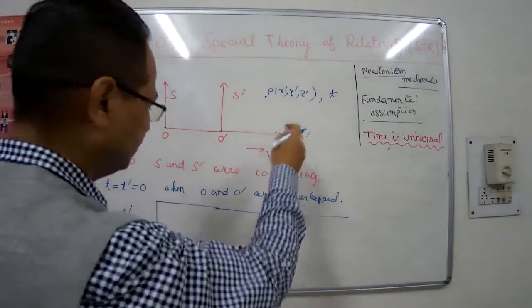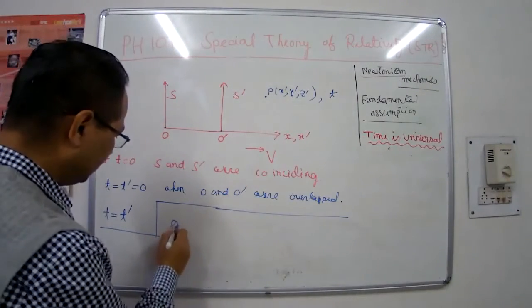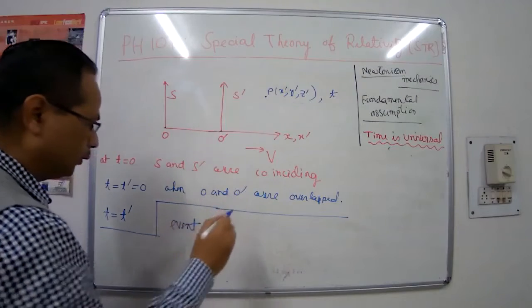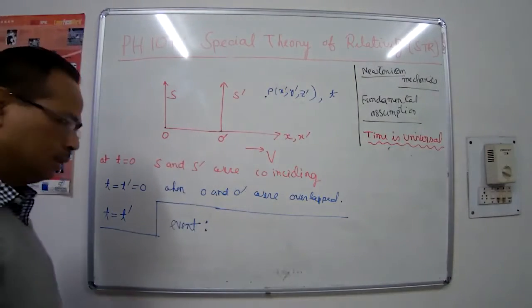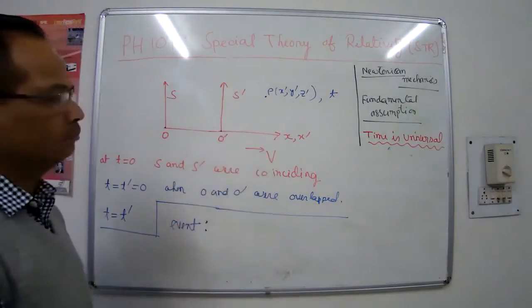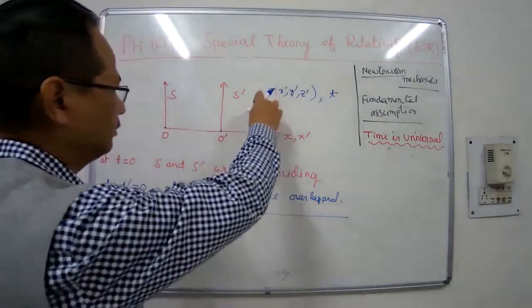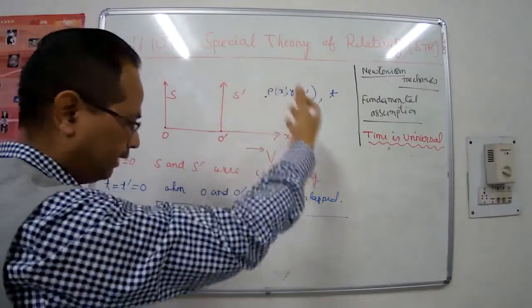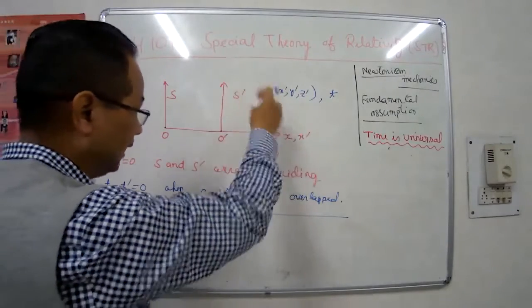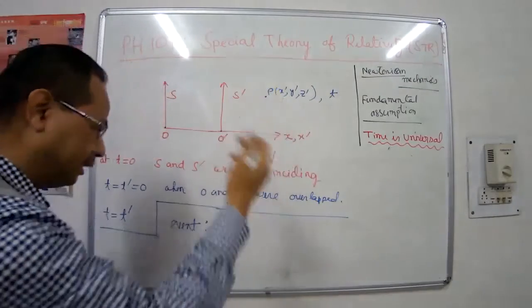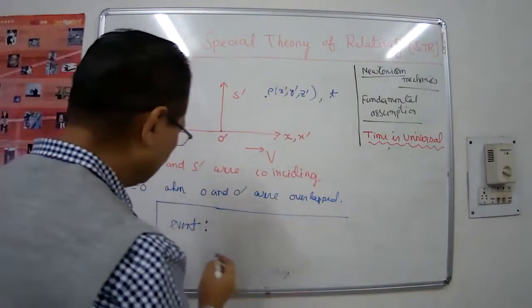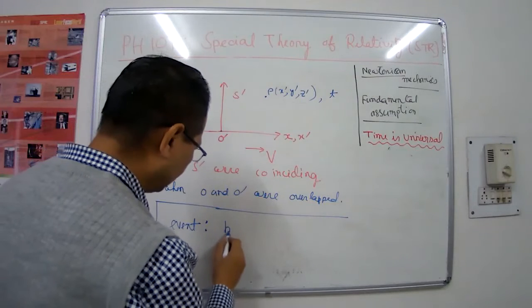What constitutes an event? Something has happened. It can be that somebody has clapped at the location P at time t. That can be an event, or simply the bursting of a firecracker.